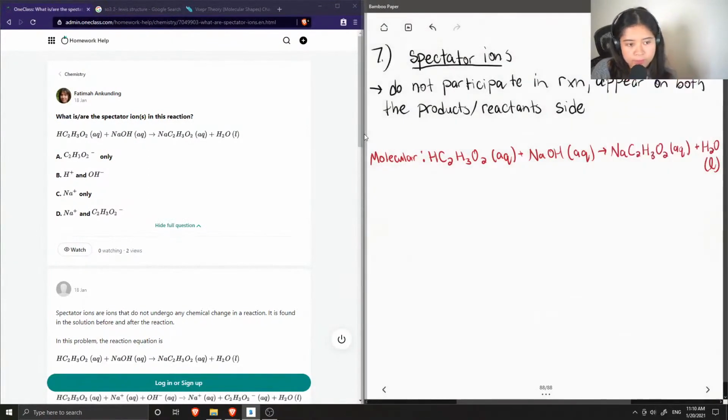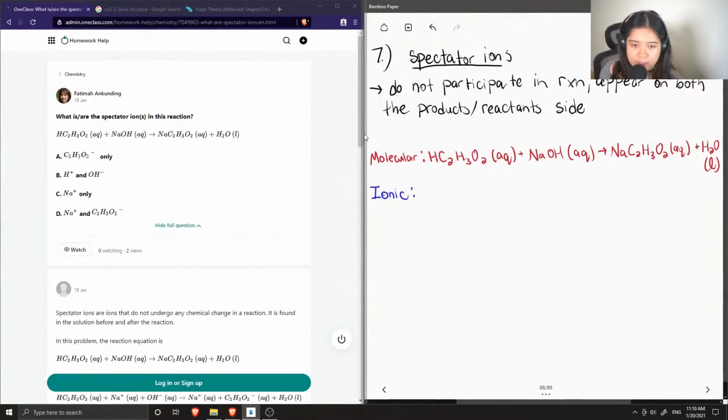Okay, so after we write out our molecular equation, which is the full equation showing all of the species in their molecular forms, we want to write our full ionic equation. So to write the ionic equation, basically everything that is in the aqueous phase, we write as separate ions.